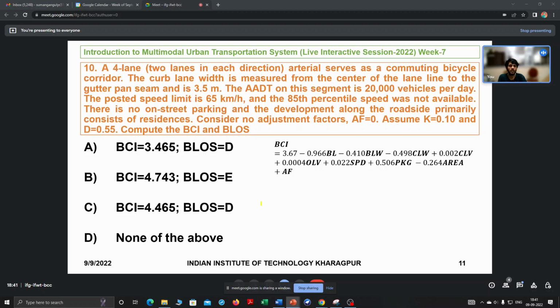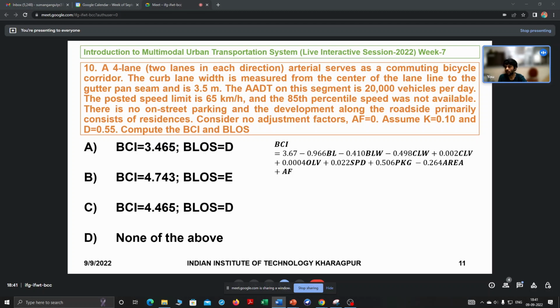You would have known the terms: what is BL, what is BLW, what is CLW, what is CLB, C stands for curb lanes, what is OLB, other lanes, then what is your SPD, it's speed, then what is your PKG, then what is your area, what is your F, right? So I think you can calculate. I will wait for your calculation.